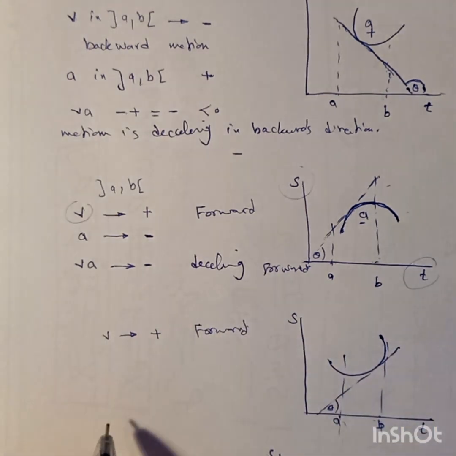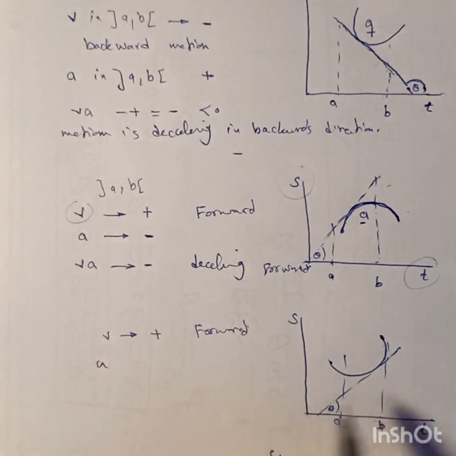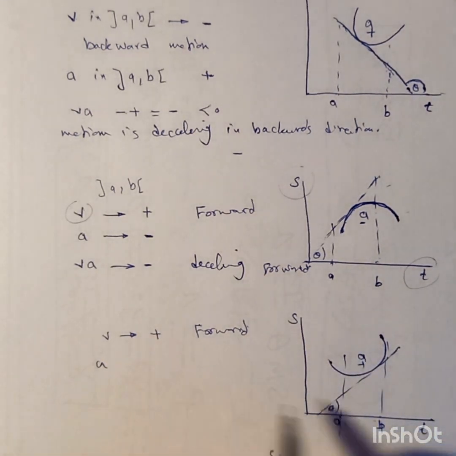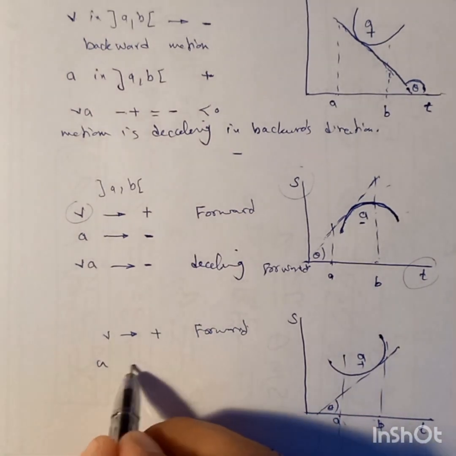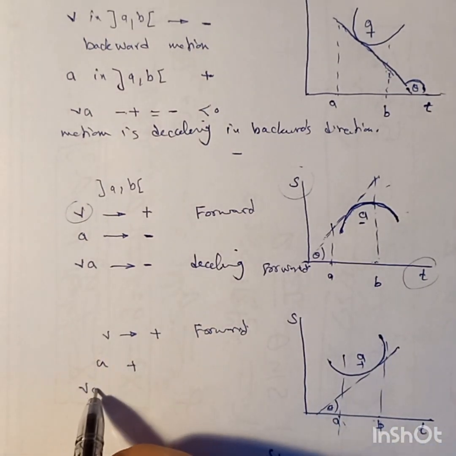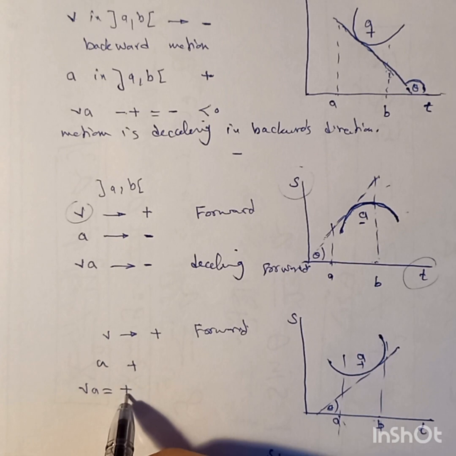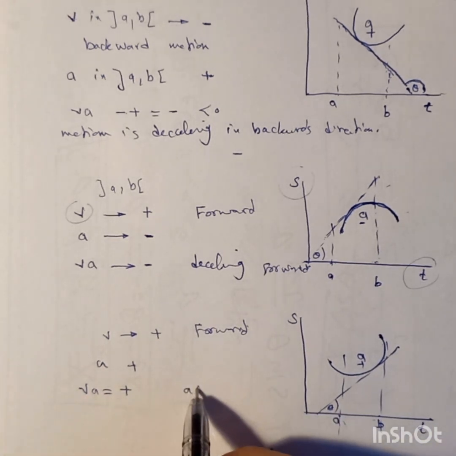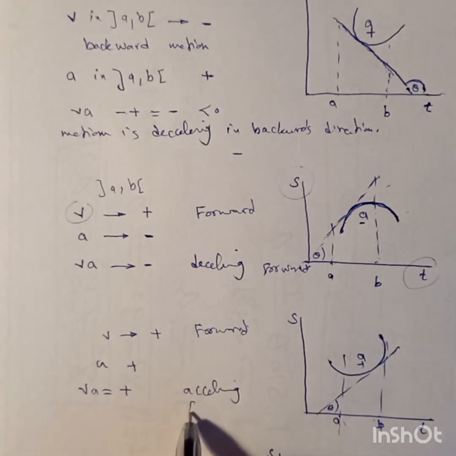To find acceleration, here the convexity is downwards, then acceleration is positive during time interval A and B. Then VA equals a positive quantity, then the motion is accelerating in forward direction, okay.